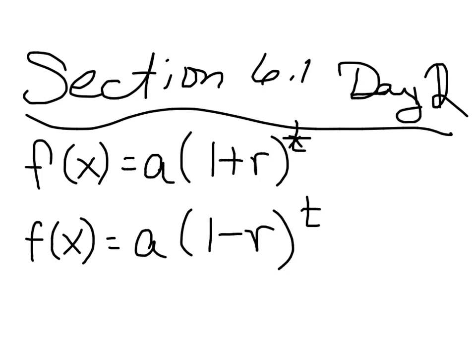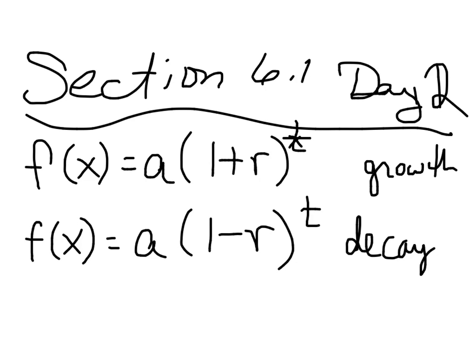Which one's decay? 1 plus r is growth, so the other one has to be decay, right? Now, when you are reading this stuff, make sure you look for keywords that will say population decreases, population increases. Then you'll know if it's growth or decay. Increase, we're growing. Decrease, we're decaying.